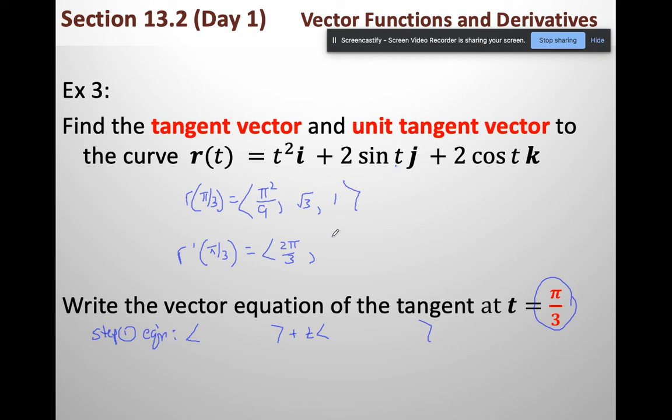So that's just going to be 1, right? And then 2 sine pi over 3. Negative, though, we had. So negative root 3. So there is my point and my slope.